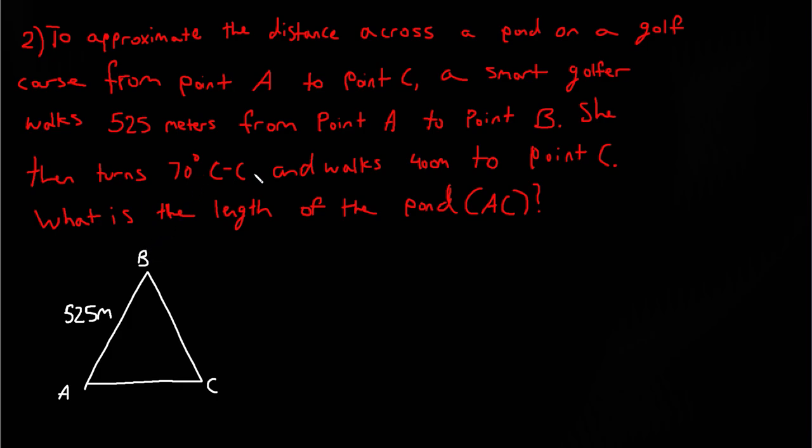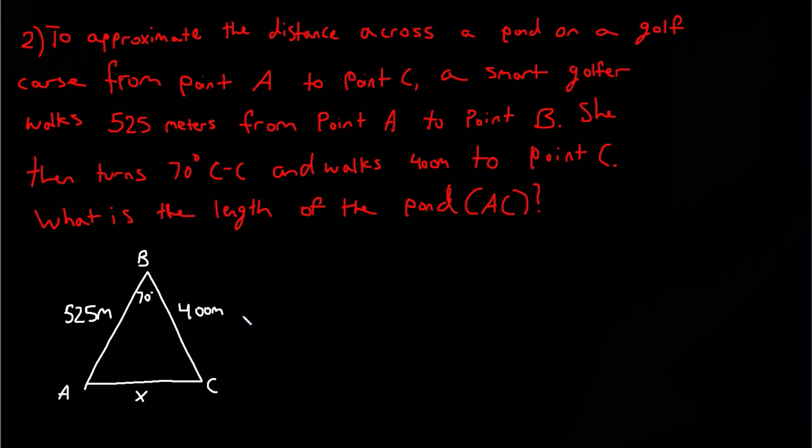She turns 70 degrees counterclockwise and walks 400 meters to point C. So we know that from point B to point C, she walked 400 meters. But before that, it gives us that she turned 70 degrees counterclockwise, and this will be 400 meters. And then we're trying to find AC, so this is going to be our x variable.